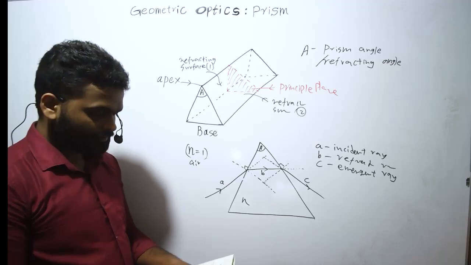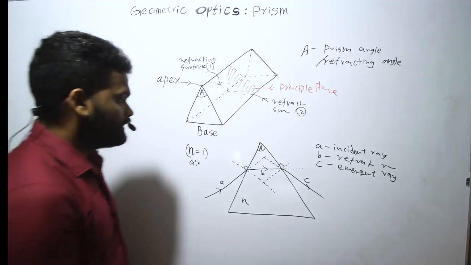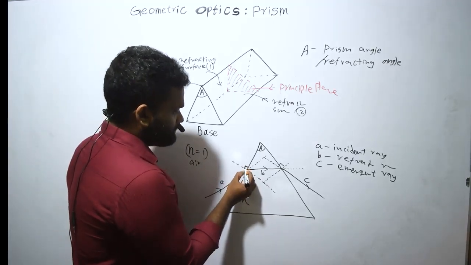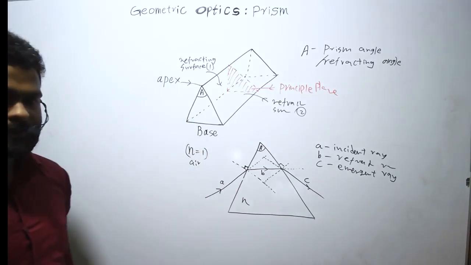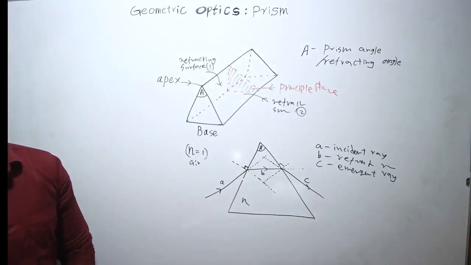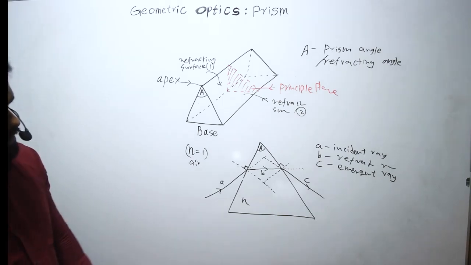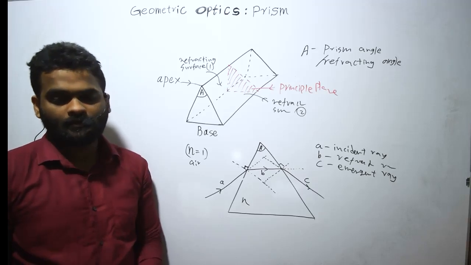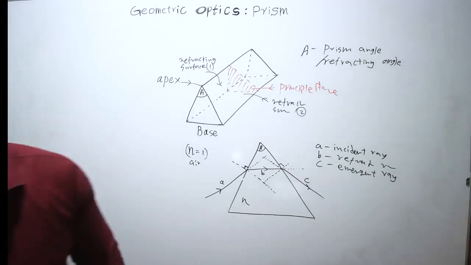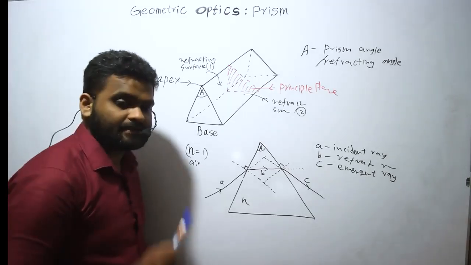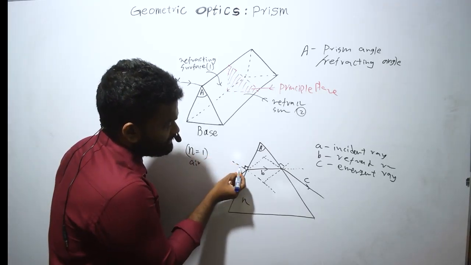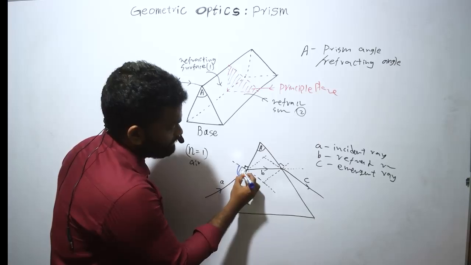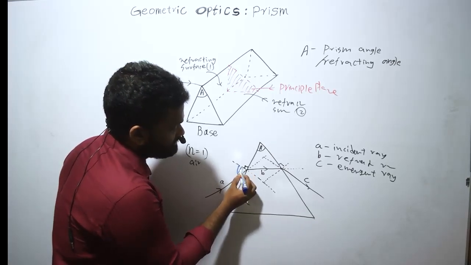Okay. Then I'll fill in these angles. The angle that this ray makes with the normal, we can call I1. It is the incident angle.